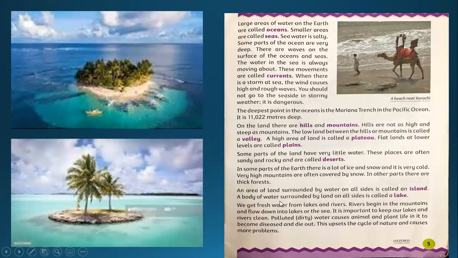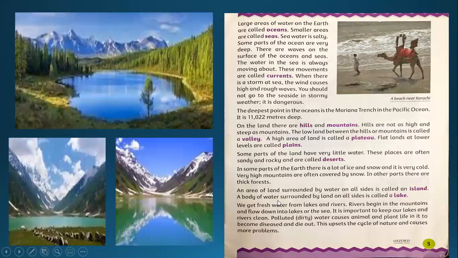A body of water surrounded by land. Now look at the difference. An area of land surrounded by water. Now what they are saying, a body of water surrounded by land on all sides is called a lake, opposite of island. What is island?